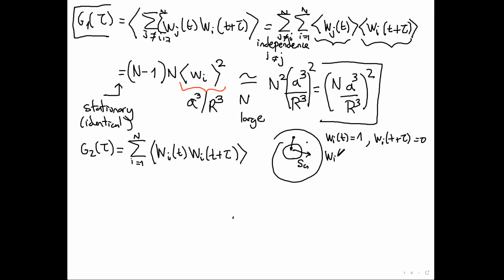The second one was Wi(t) equals 0, so it was outside, but it entered, W(t plus tau) equals 1. This doesn't contribute. So the only thing that will count is when Wi(t) equals 1 and also Wi(t plus tau) equals 1. This is the only contribution to this sum.